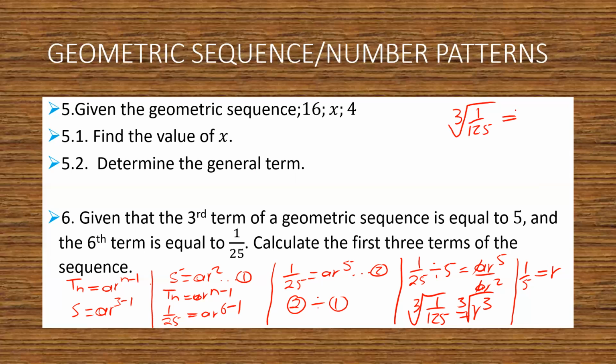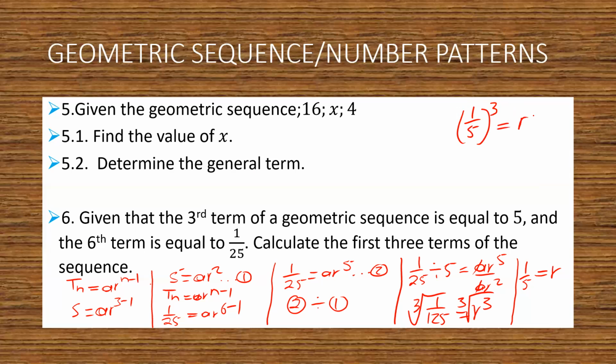I thought you're supposed to do it the way we did it on the other ones, whereas we put it as 1 divided by 5 to the power of 3. Okay, let's do it that way. So if you do it that way, you're going to have 1 over 5 all to the power of 3, right? Is equal to R.